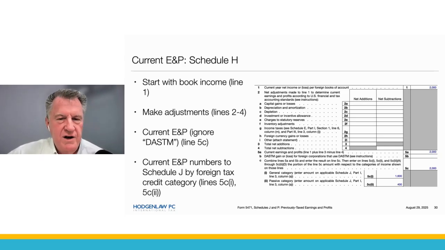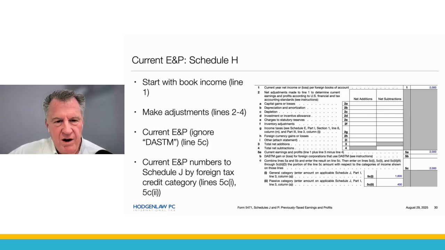I heroically assume we don't have any adjustments on line two. And we come out on line 5A and then 5C that we have $2,000 of current earnings and profits for this CFC for the year. So that tells us that if there was going to be a distribution this year, the first $2,000 of that would be from current earnings and profits.